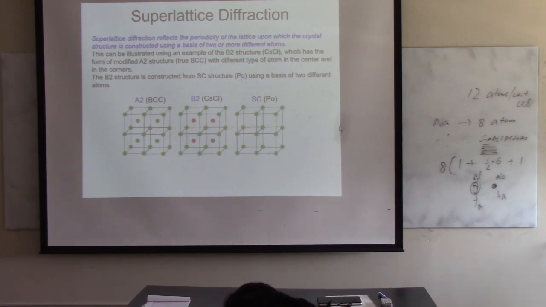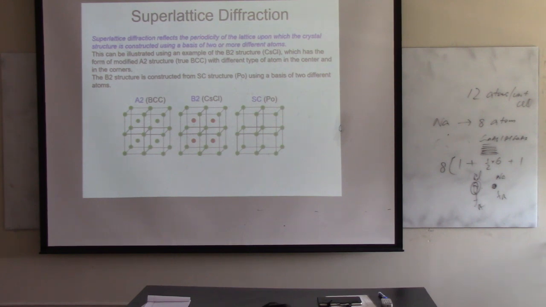They are usually called a B1 structure. If you have a real BCC structure, it is called A2. Then if you have a cesium chloride structure, with two different atoms, it is called a B2 structure. Like that we have the A3 structure.